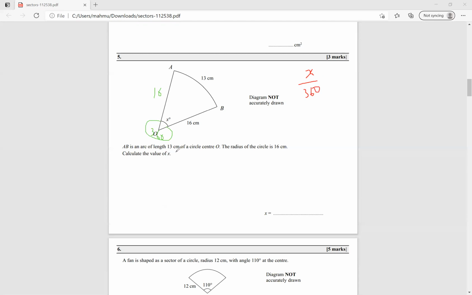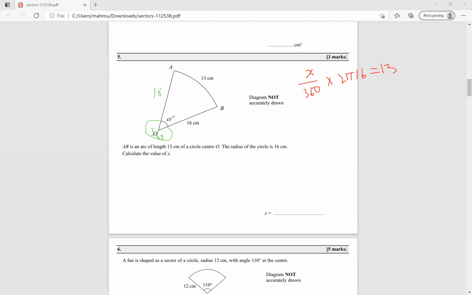Then times 2 pi, the radius is 16. So 2 pi r. That should be equal to the arc, the perimeter arc size. So that equation gives me the arc, which is 13.